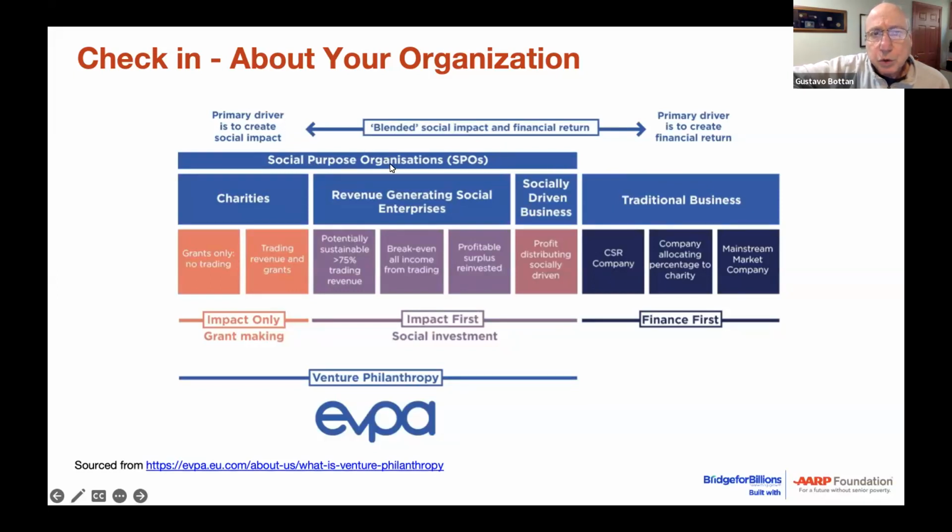So under the social purpose organizations, we have these revenue-generating social enterprises in which, unlike the charities, which do not generate revenue, they do social good, but they have different structures according to how much the priority is to either do social impact and no financial returns, or more towards the financial returns.